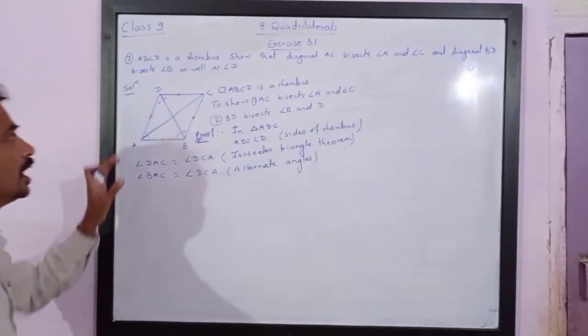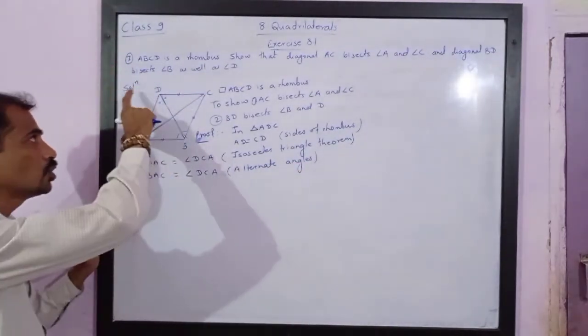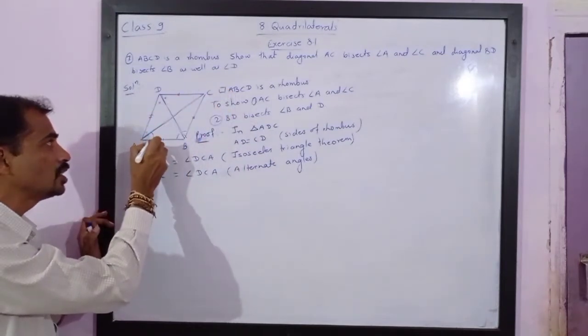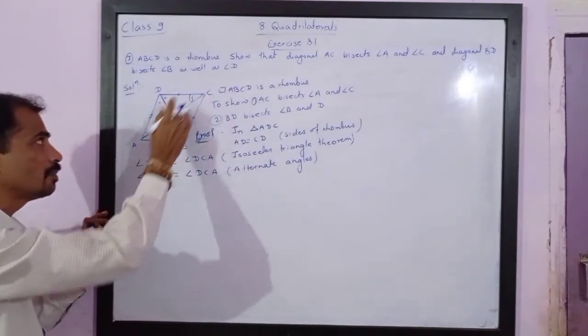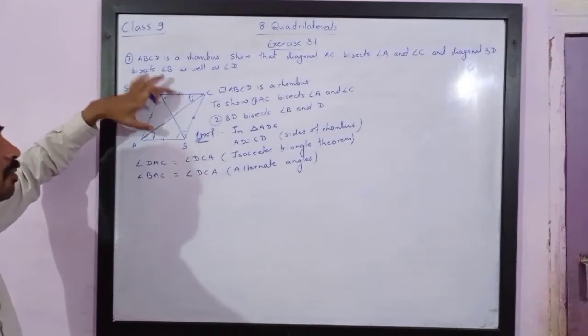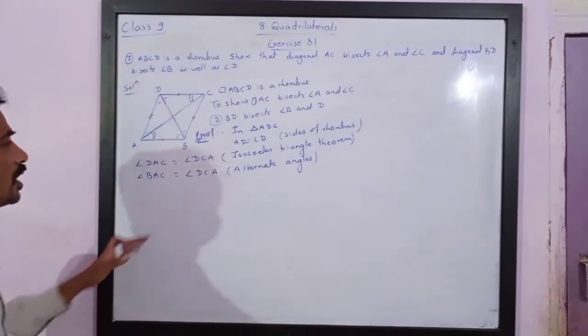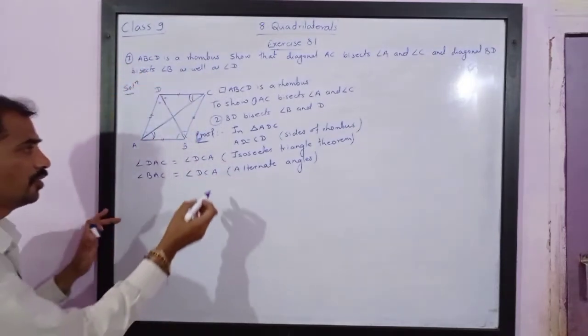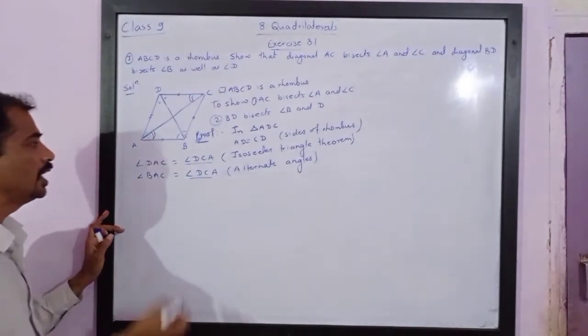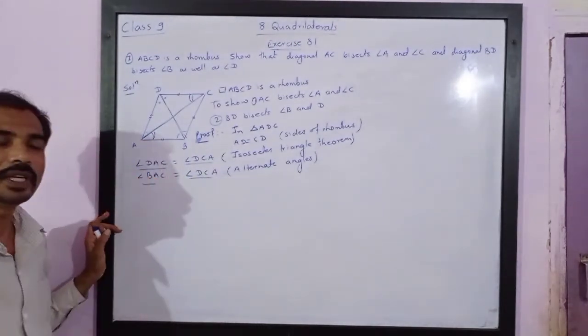We have already studied every rhombus is a parallelogram. It means two sides are parallel. It means these angles are alternate angles, angles formed by parallel lines and a transversal. Now watch carefully. Here right hand sides are equal. It means left hand sides must also be equal.